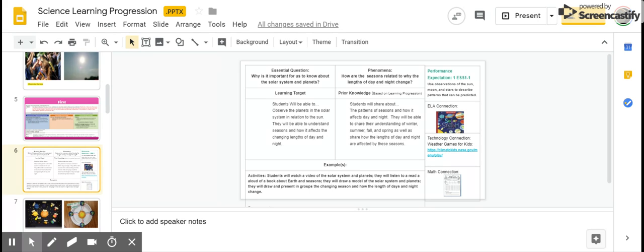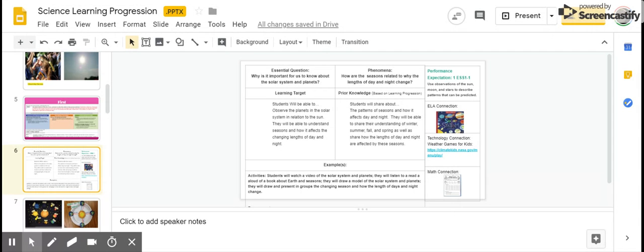Students will share about the patterns in the seasons and how it affects day and night, and they will also share their understanding of winter, summer, fall, and spring, and how that affects the lengths of day and night. And once again, the ELA connection is a book, and then the same climate weather game through NASA is the technology. And then the math connection here will also be graphing seasons.